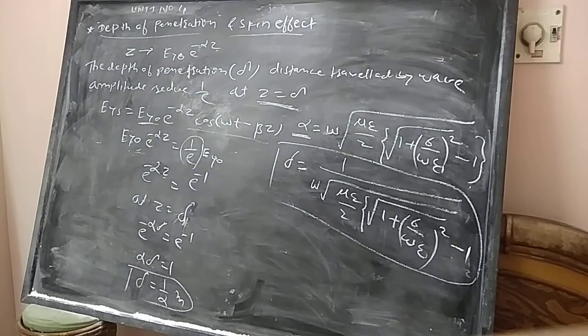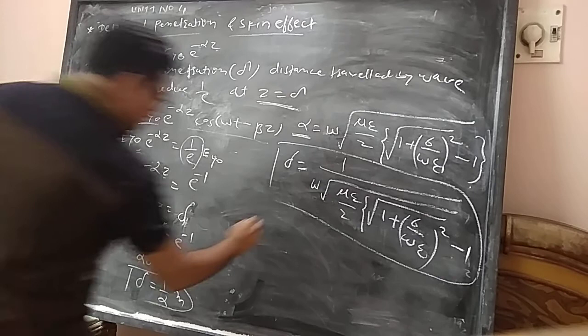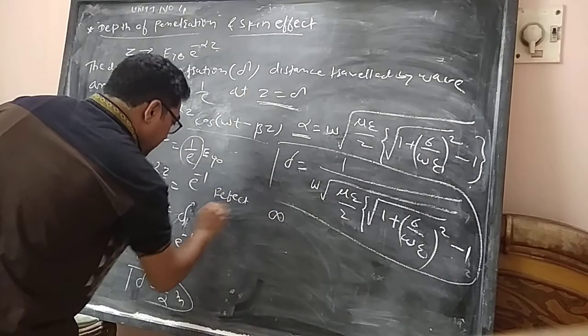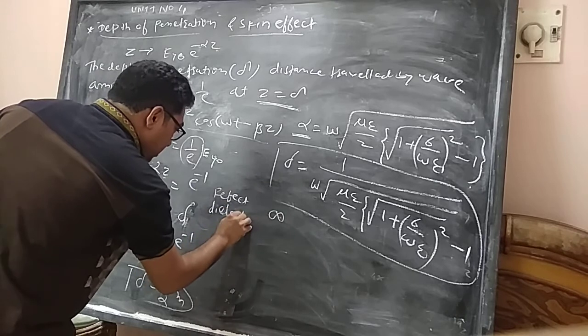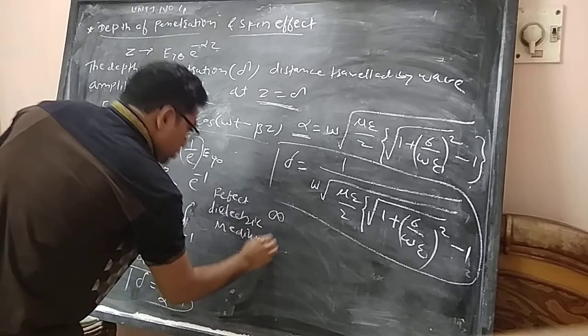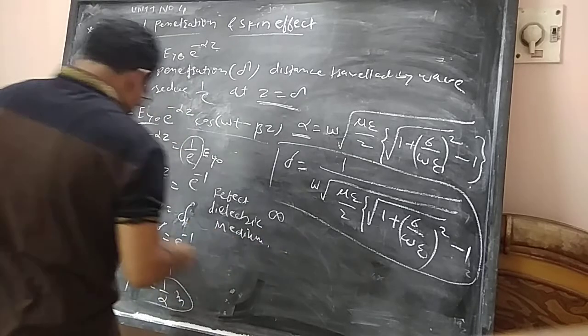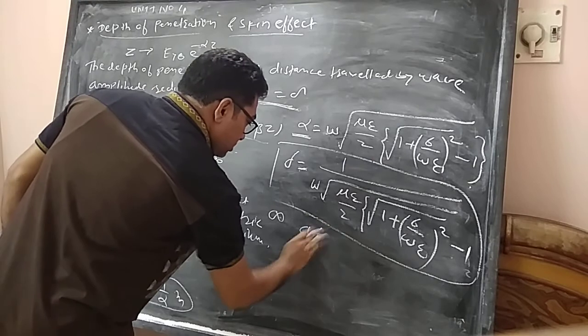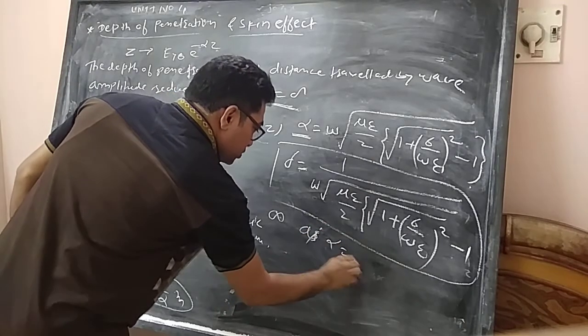Now what are the different conditions we need to use here? In perfect dielectric medium, the depth of penetration is infinity, as alpha equal to 0.